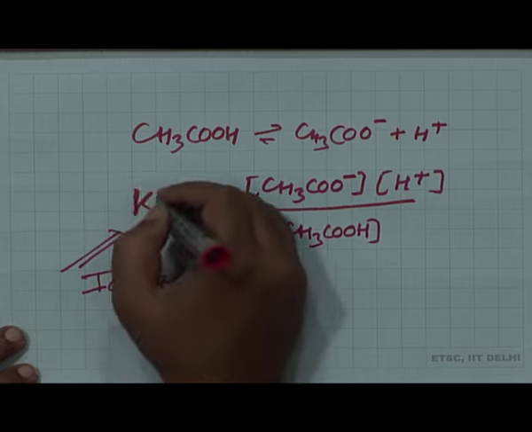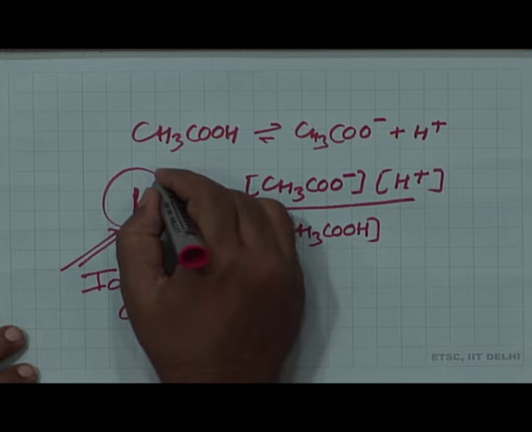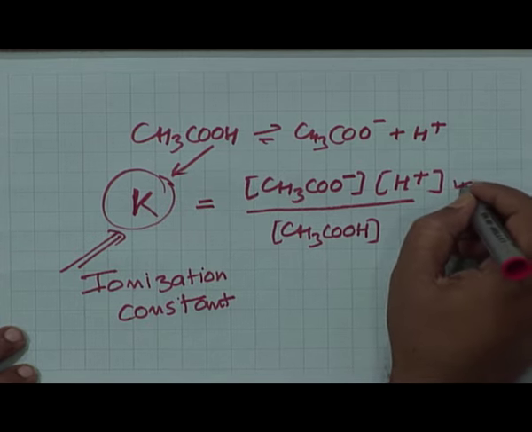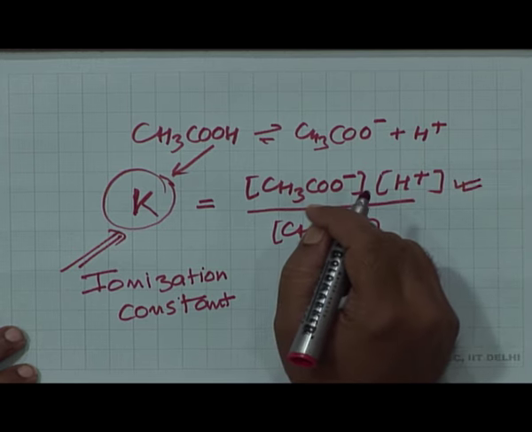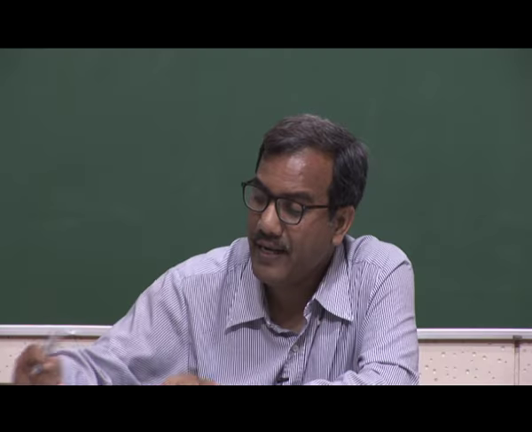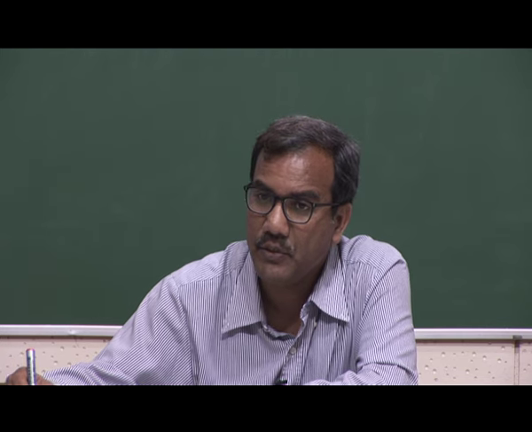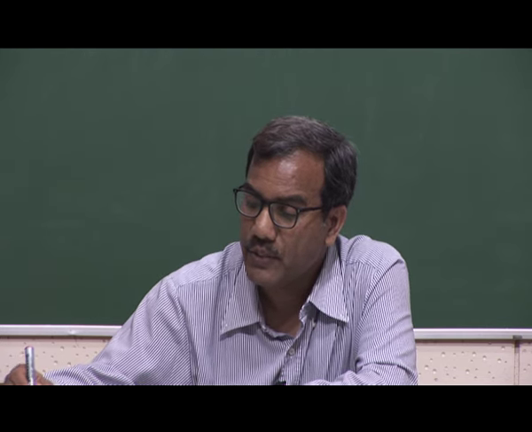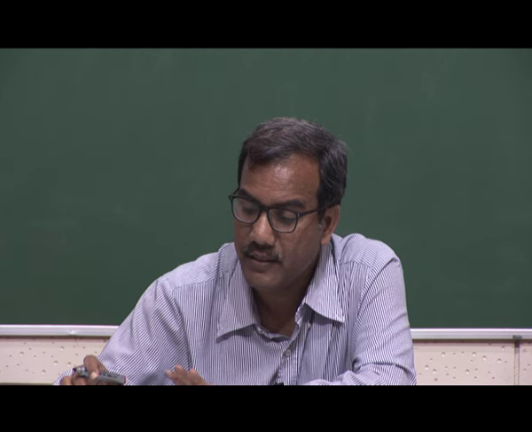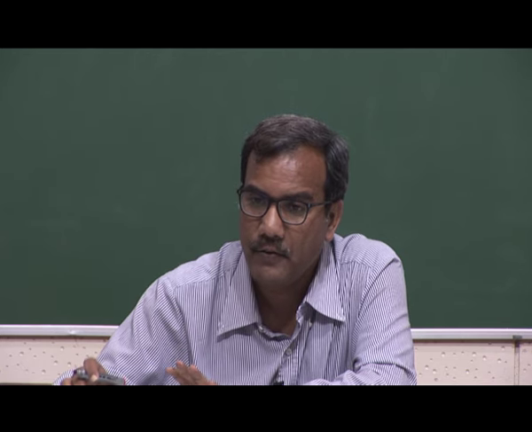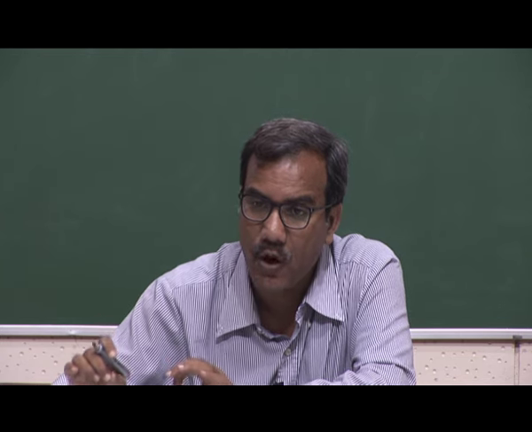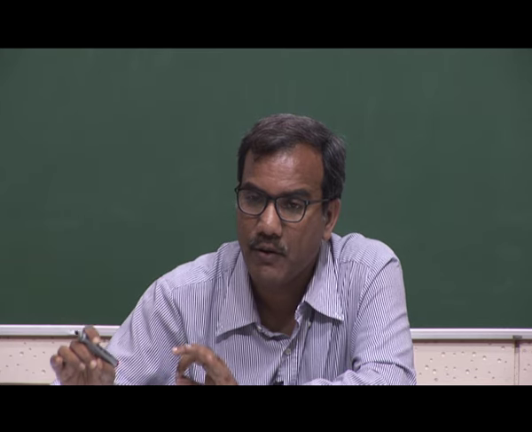So, if we know the ionization constant of a particular acid, then we can calculate the value of H plus ion, and that H plus ion can be used to calculate pH. In case of weak acid, the concentration of the acid is not equal to concentration of H plus ion.